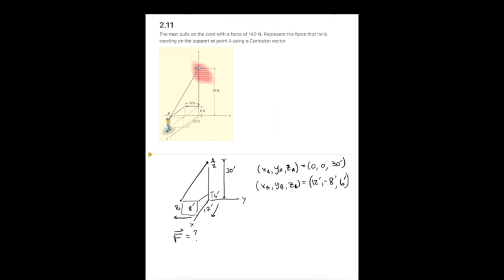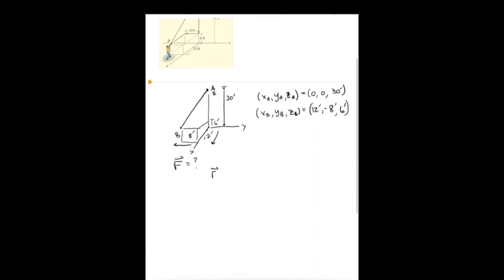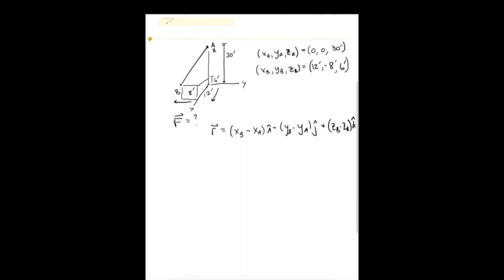So now that we have that, we're going to define our r vector, this position or directional vector. We know that it's going from A to B, so we want to subtract B minus A. And for our z coordinates, we have ZB minus ZA, and we give that our z unit vector.